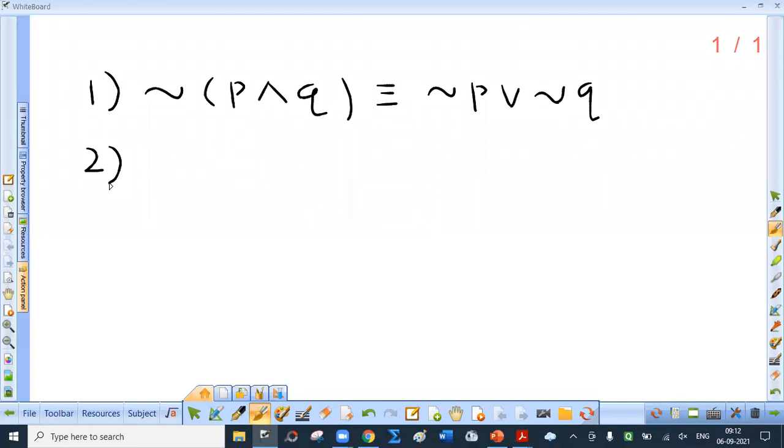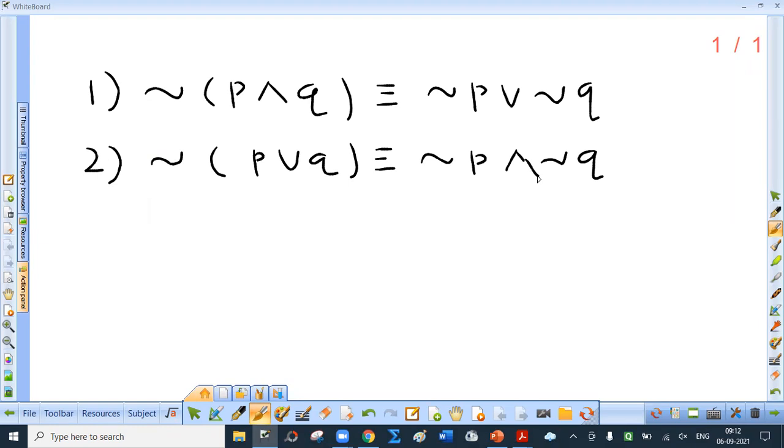Second, negation of disjunction. Can you tell me the formula, or rather the rule? Instead of formula, I should say the rule. Yes, it is conjunction of negations. We have discussed this in duals also. These are De Morgan's laws. So negation of disjunction is conjunction of negations.